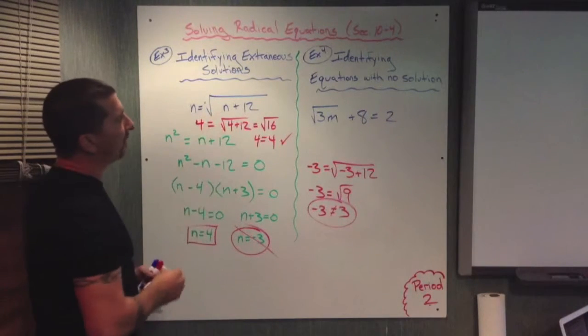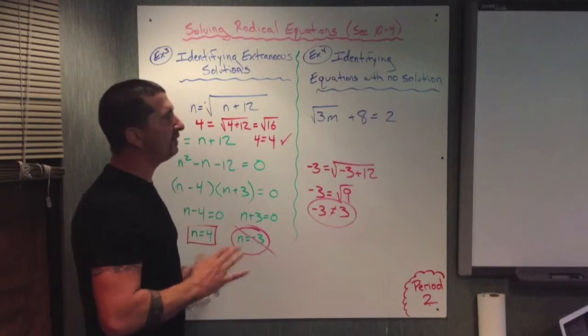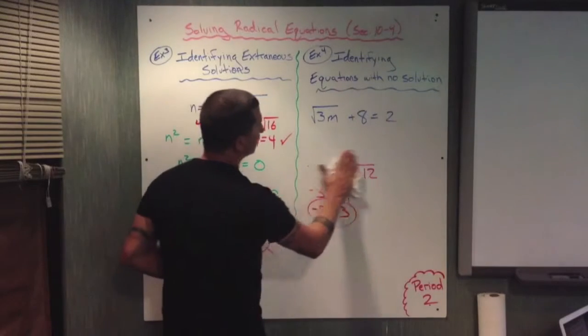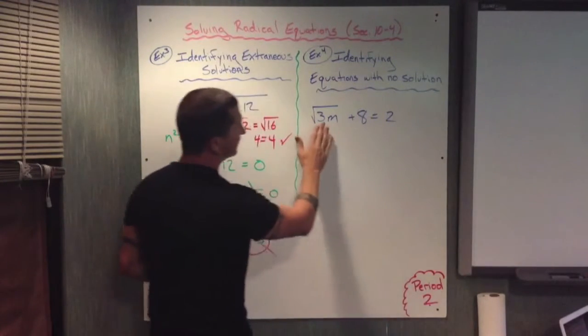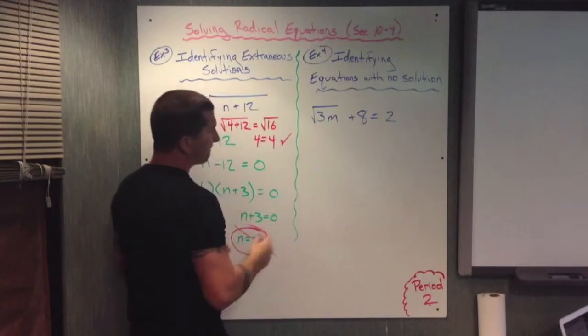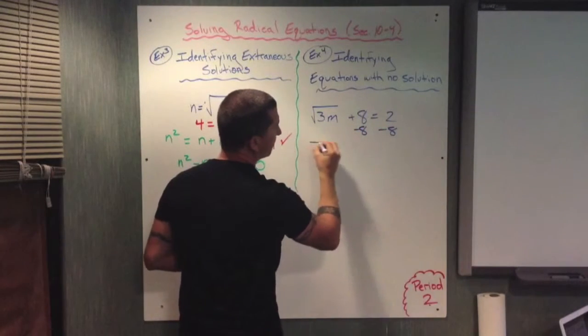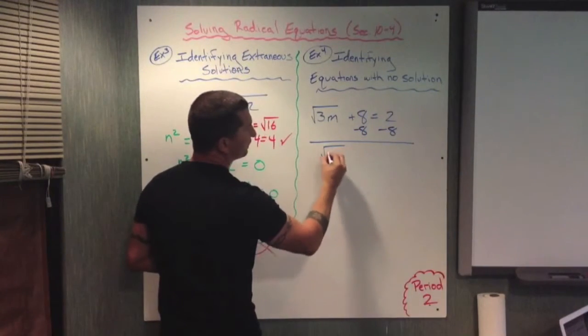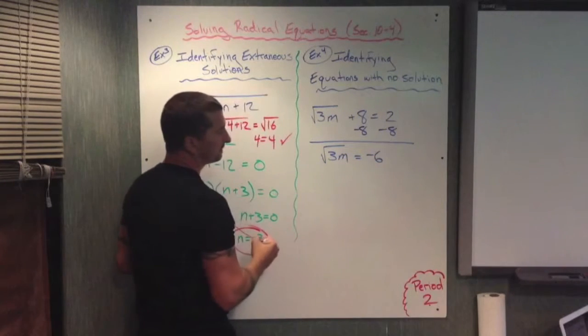Now example 4, we need to identify equations that have no solution. To do this, we go ahead and solve the equation. In this case, we have the square root of 3m plus 8 equals 2. Subtract 8 from both sides, and we get the square root of 3m equals negative 6.